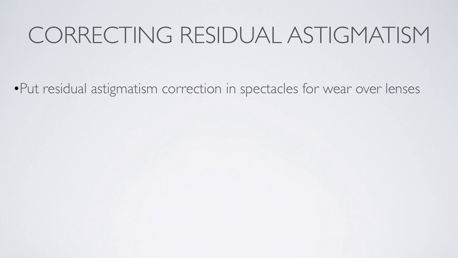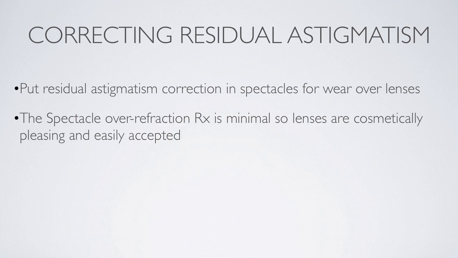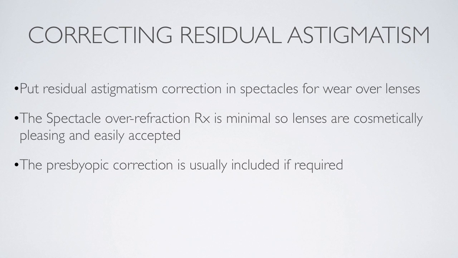When a patient has fairly good vision with their lenses, say 20/30, 20/40 plus, but we can get them to 20/15 or 20/20 with glasses, they have the option of wearing the glasses when they want to have that slightly sharper vision. Also, if the patient's a presbyope, we can incorporate the presbyopic correction into the eyeglass prescription.